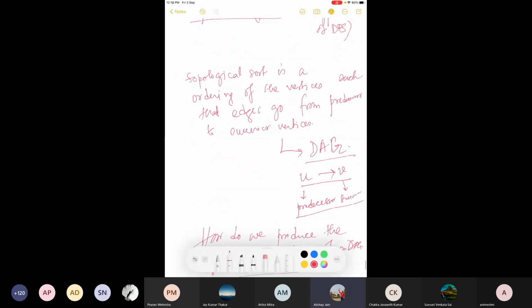Sir, we will check by the outgoing degree. That's the greedy approach. That's a correct approach, but that's a greedy approach. But how do you do it using DFS? Sir, we sort it according to the post order of the DFS in decreasing order.